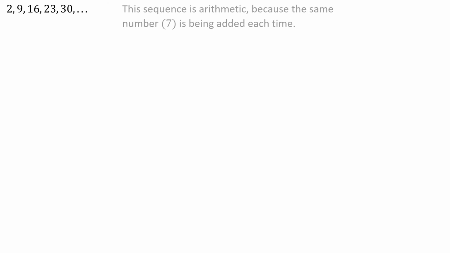A couple more examples, and then I'll turn you loose. Is this arithmetic? Sure. Every single time we add 7. So I have to make note that I keep adding 7, and that the first number is a 2.